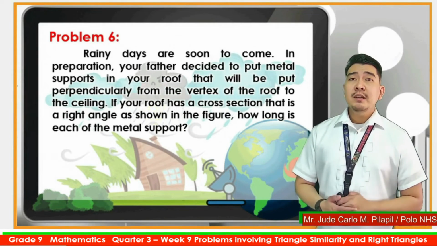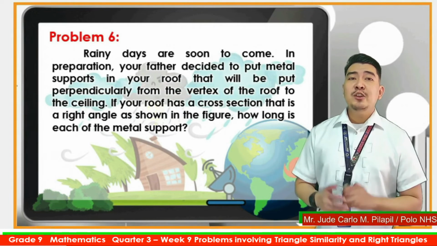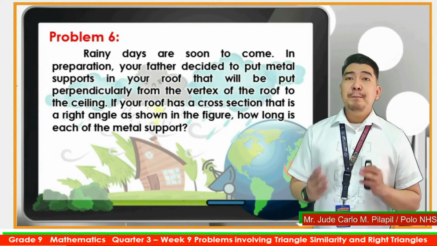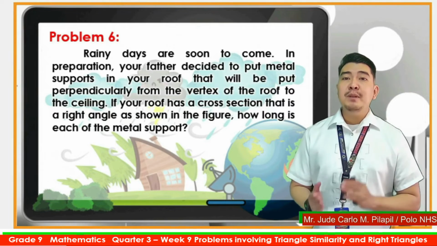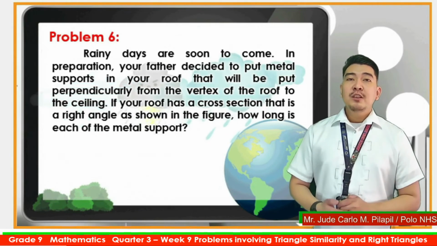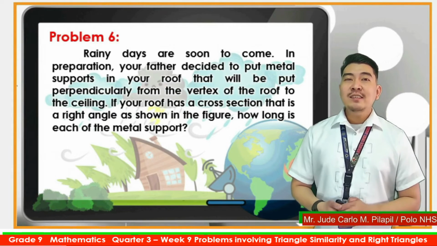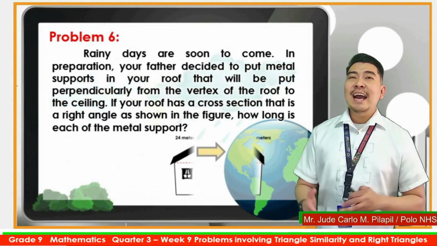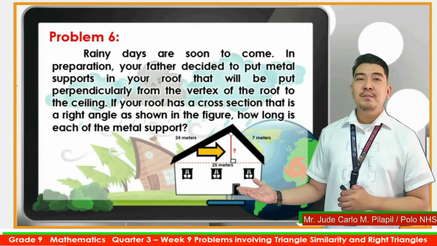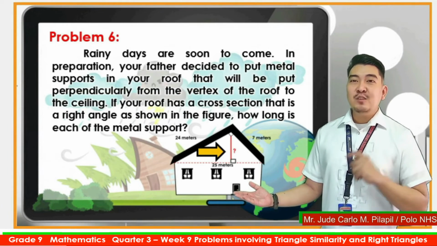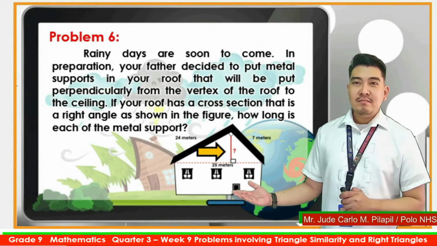In preparation, your father decided to put metal supports in your roof that will be put perpendicularly from the vertex of the roof to the ceiling. If your roof has a cross-section that is a right triangle as shown in the figure, how long is each of the metal supports that will be put?